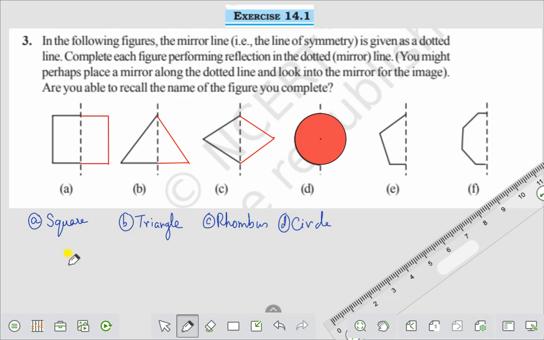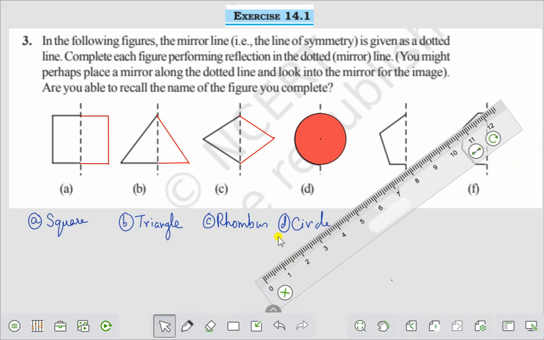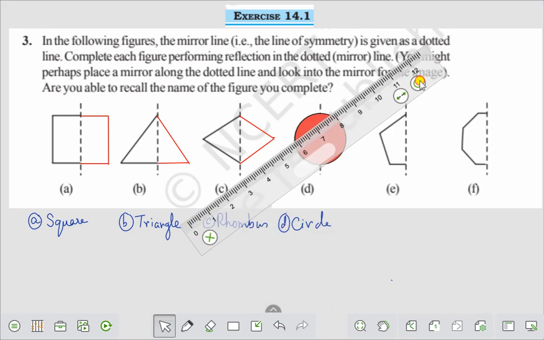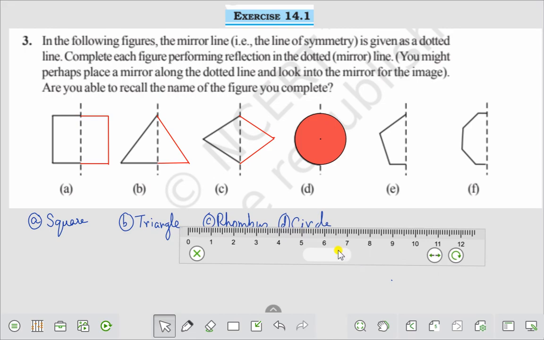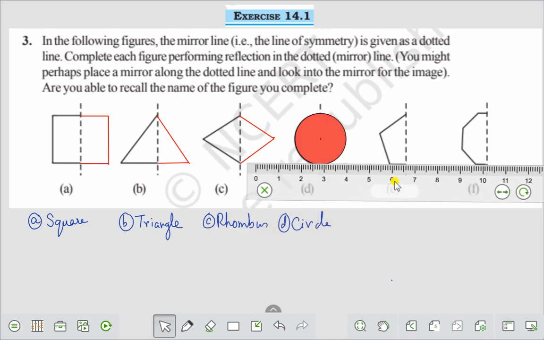You'll find E. With the help of this scale you can find E also, right? Let us find E. Here you see, first of all you have to draw a line with same length here, that is 6.5, 6.6, right?